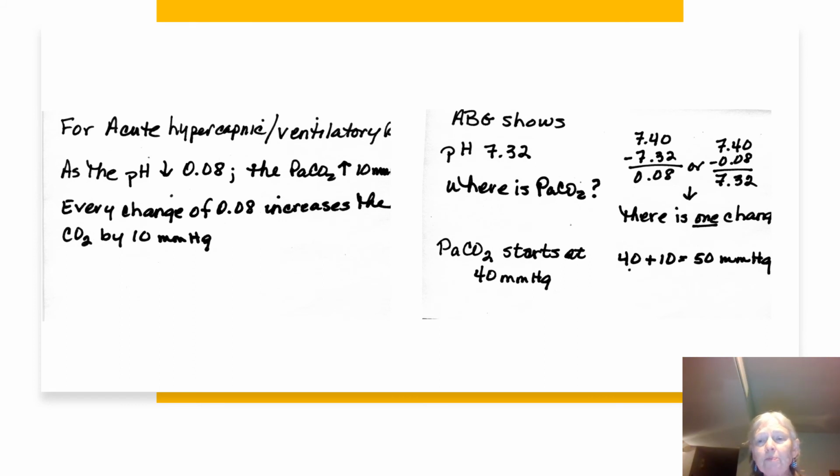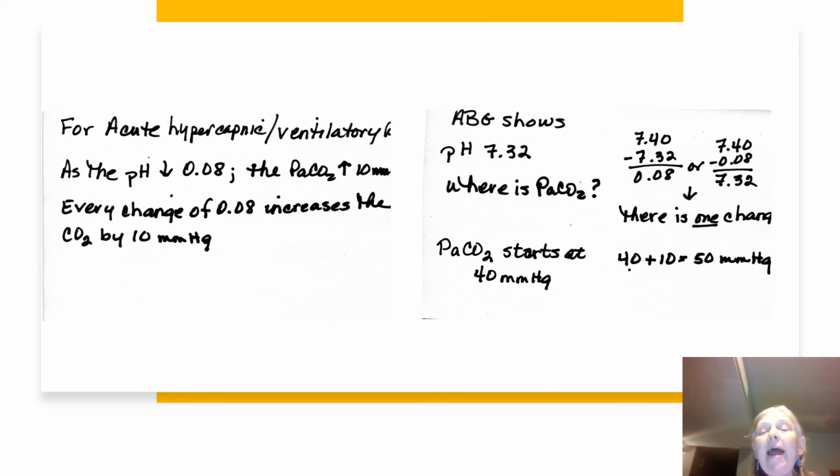So you can take that 7.40, take away the 7.32, you come up to 0.08, or you can just take the 7.40, subtract the 0.08, and you're back at that pH of 7.32. And we know a little bit about this patient, so we know that there's an acute patient.